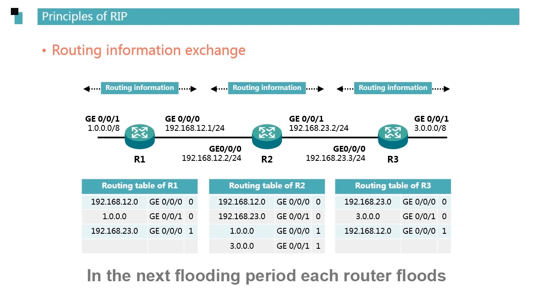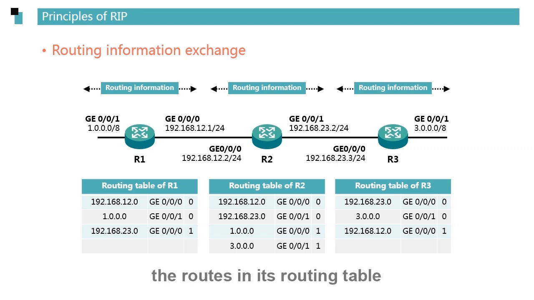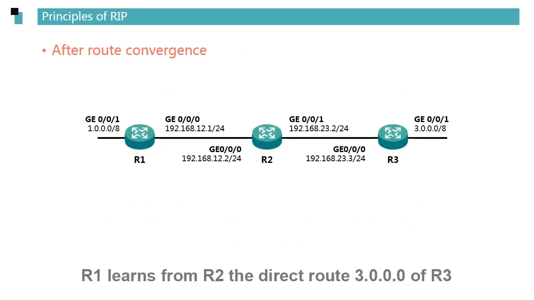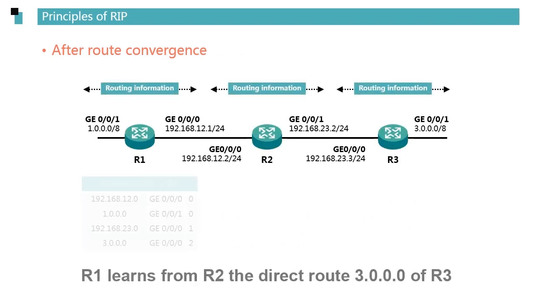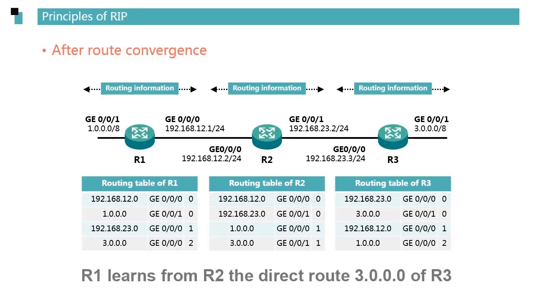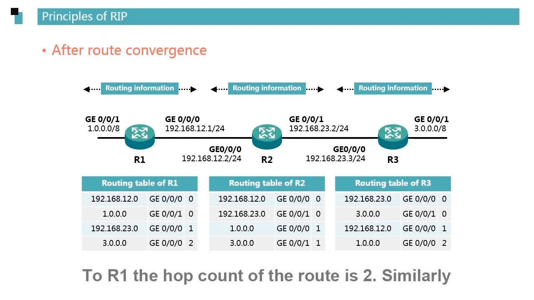In the next flooding period, each router floods the routes in its routing table. After the route flooding, R1 learns from R2 the direct route 3.0.0.0 of R3. To R1, the hop count of the route is 2.